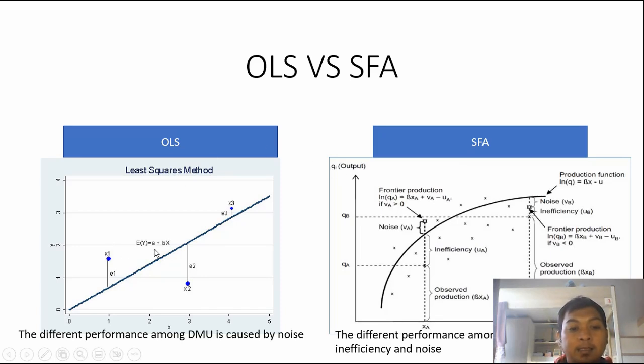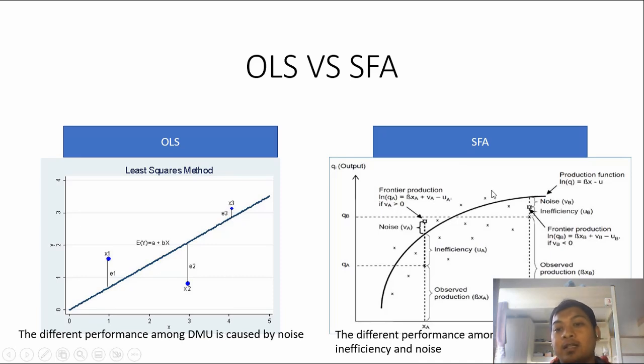I give two graphs here to make it easy to understand the difference between OLS and SFA. In the OLS, the production function takes the average or central tendency, and the difference in productivity is based on the noise or error. For example, x1, x2, and x3. The difference between the observation and the production function is because of the noise.